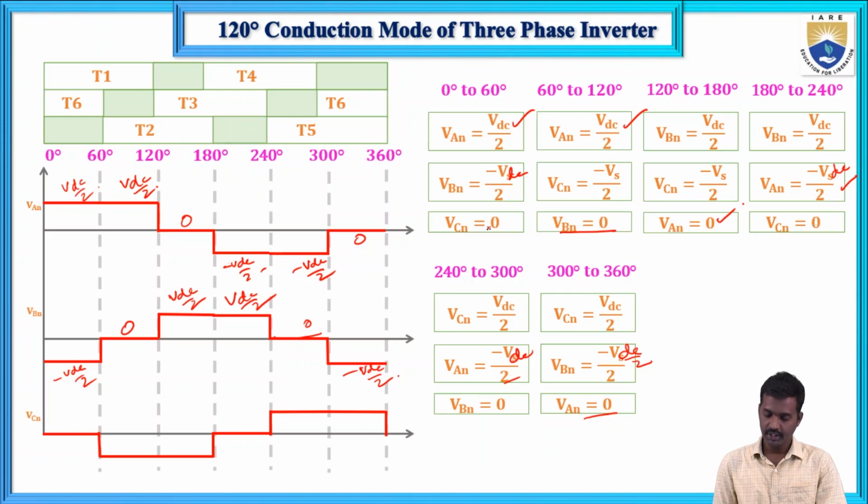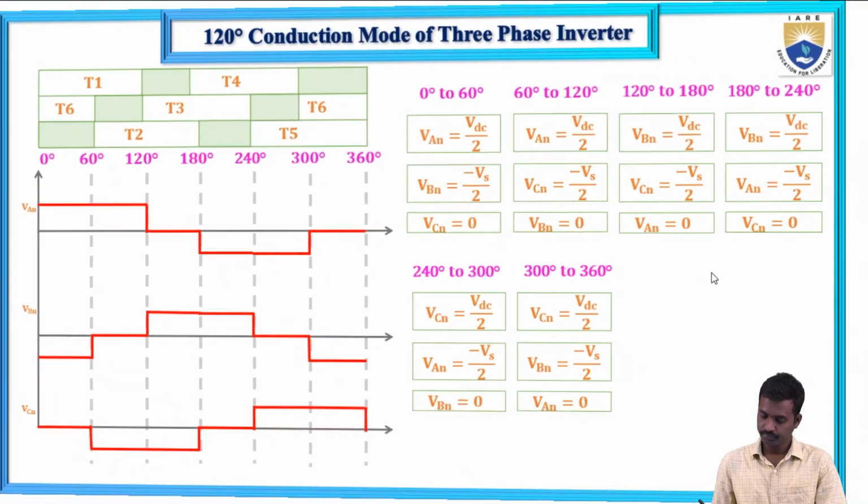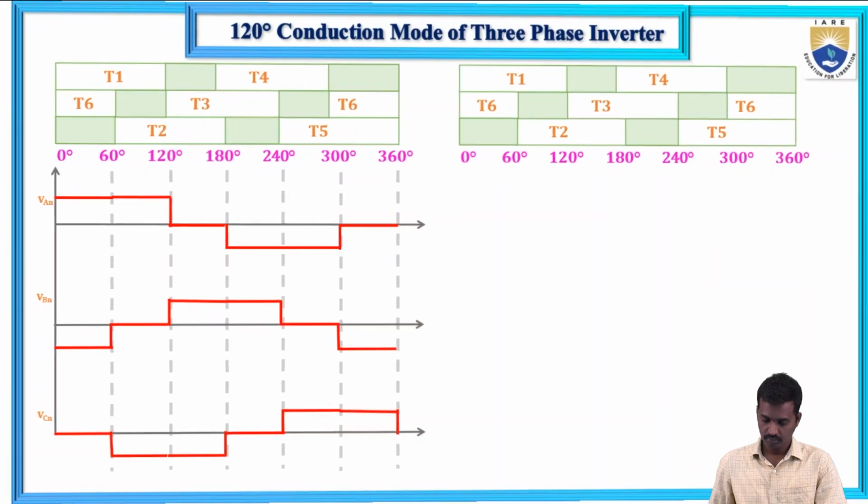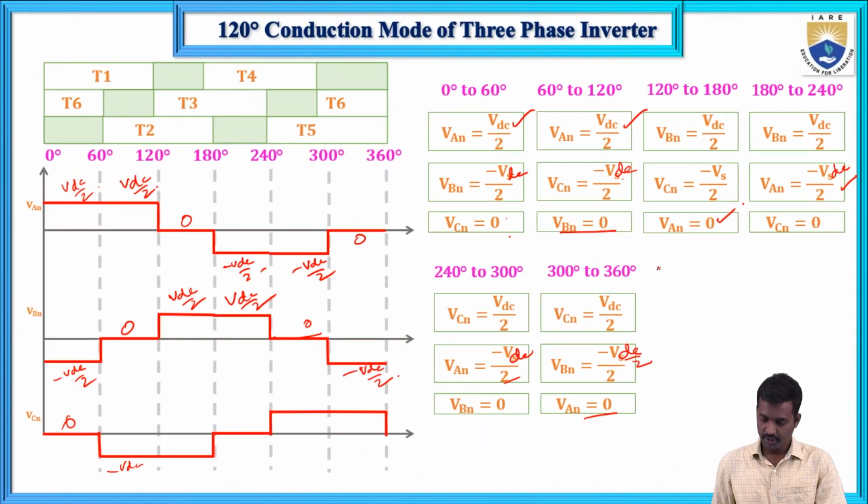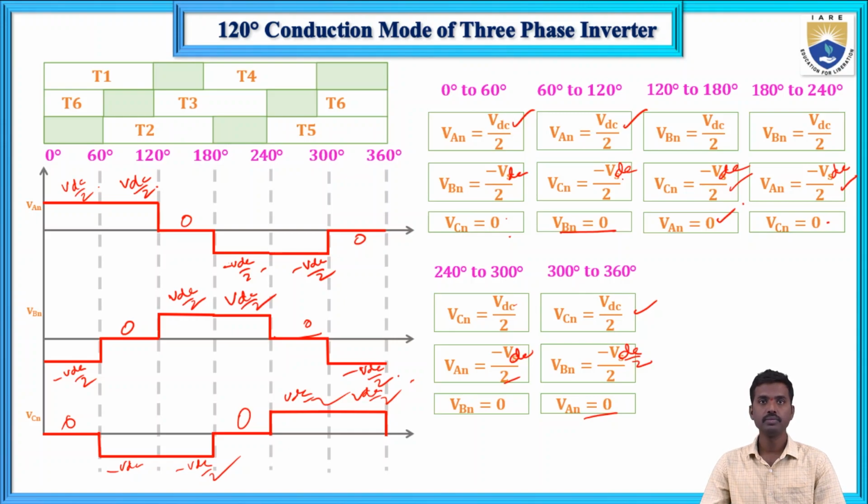And next VCN is 0, this is 0, and next minus VDC by 2, VDC by 2, minus VDC by 2, and next this is minus VDC by 2, and next this is 0, and this one is VDC by 2, and this is VDC by 2. This is the phase voltage diagram for VAN, VBN and VCN.